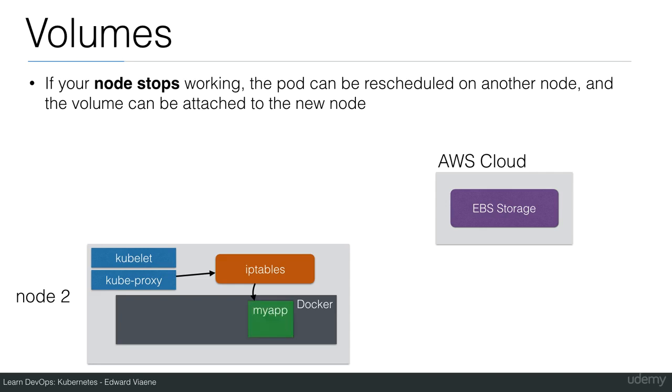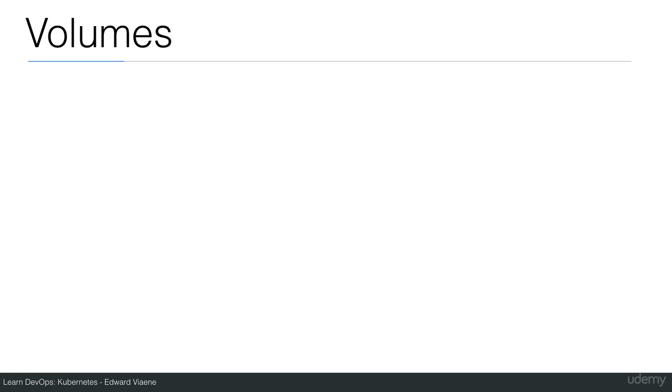Then what's going to happen is my app will be rescheduled on node 2, and then the container will link the EBS storage again, so that my app can access the data that was written on that storage, that is safe and outside the cluster. So this works, but only when those nodes are in the same availability zone.